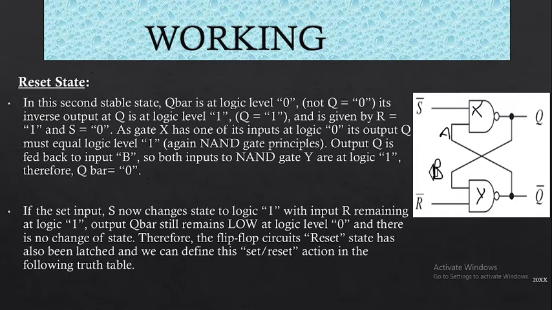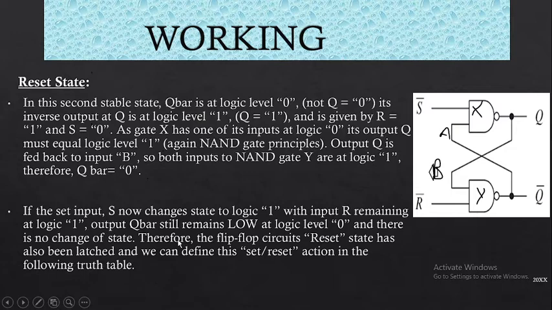So in the first case of the reset state, Q bar becomes 0 and Q becomes 1. Now let's see the second case. Here, if S now changes state to 1, with R remaining at logic 1, Q bar will still remain at logic level 0 and there is no change of state.